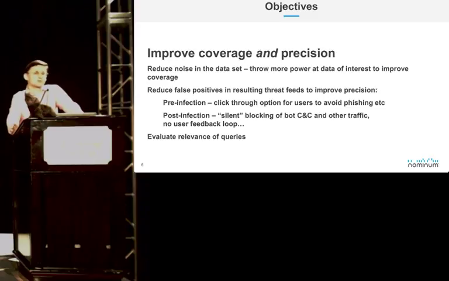That allows us to concentrate on actually finding malicious use, both pre-infection and post-infection. Pre-infection, it's malware download sites and phishing landing destinations. Post-infection, obviously, it's command and control servers and domains used by browser hijackers as well.